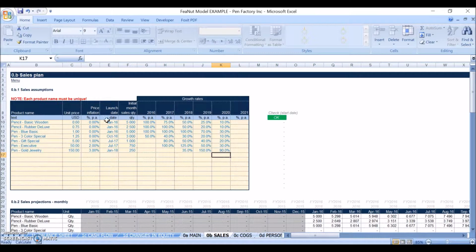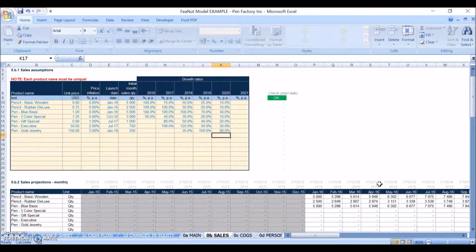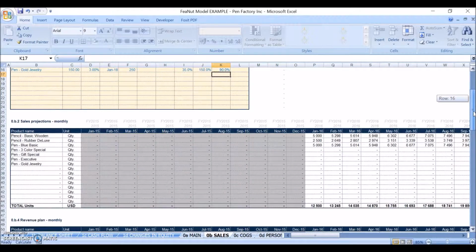So let's have a look at the worksheet. If you have your version of the model, let's give it a try and populate some data in this table to see how they are reflected in these subsequent calculations.